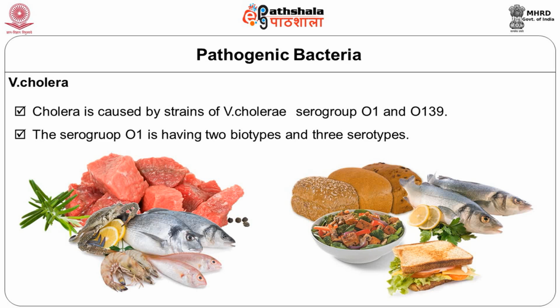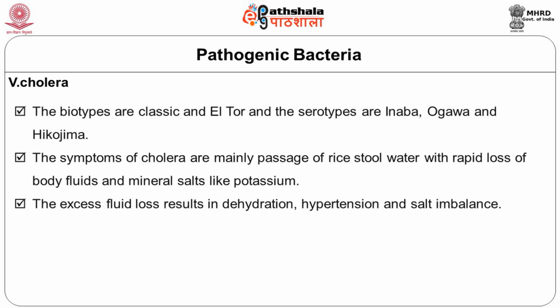Cholera is caused by strains of Vibrio cholerae, serogroup O1 and O139. Serogroup O1 has 2 biotypes and 3 serotypes. They are called classical and El Tor, and the serotypes are Inaba, Ogawa and Hikojima.